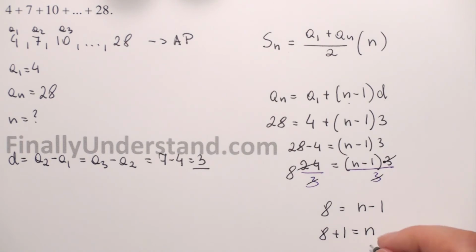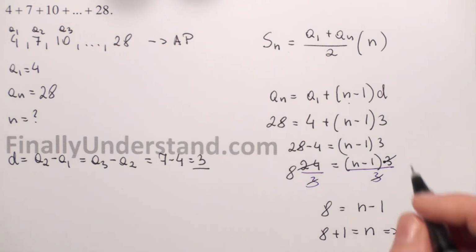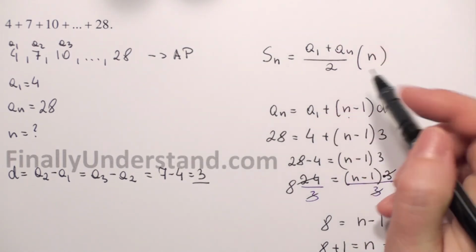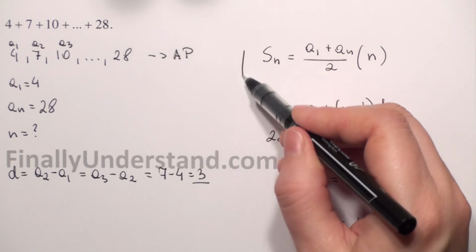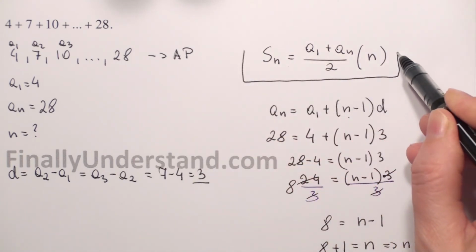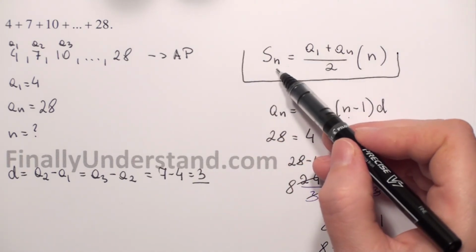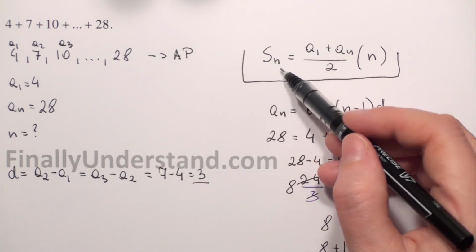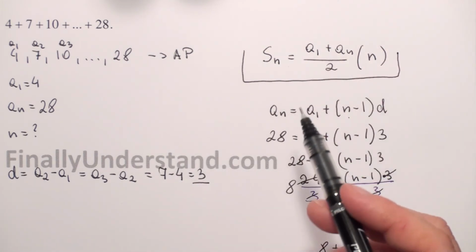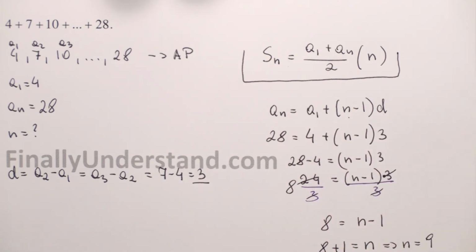So we can write that n is equal to 9. We have n, so now we can come back to our formula for the sum of n terms of an arithmetic progression. In our example, n is 9.